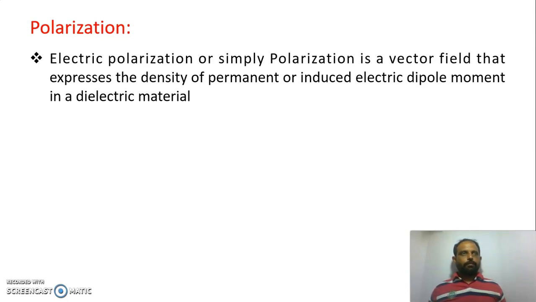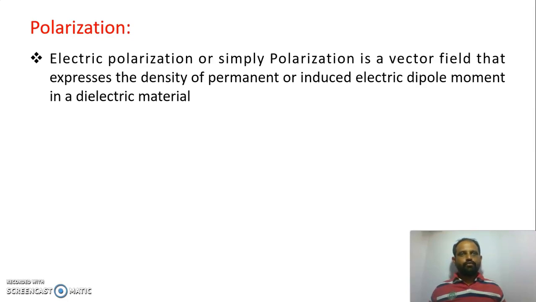The molecules of the dielectric material have their own electric dipole moment, and those electric dipoles are not oriented in a particular way; the orientation of the electric dipoles is random.